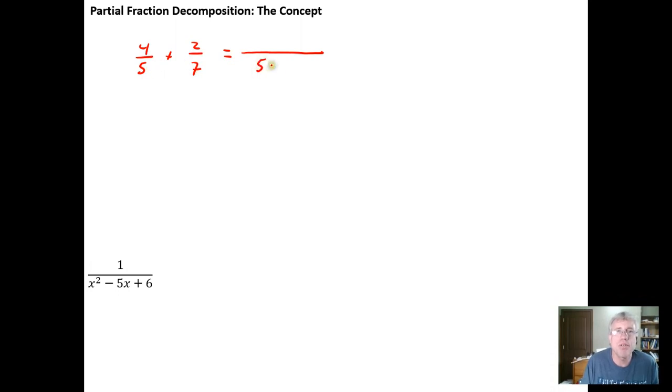So I could just go 5 times 7. And to get the numerators, I would need to do 7 times 4, which is 28, plus 5 times 2, which is 10, which is the same thing I would get if I multiplied by 7 over 7, 7 times 4 is 28, and by 5 over 5, where 2 times 5 is 10.